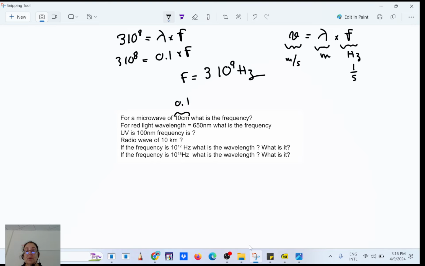Let's try to do this one, and let's try to see what that is. This one. So the frequency is 10 to the 12. What is the wavelength? So speed is frequency times wavelength. So 3 times 10 to the 8 is wavelength times 10 to the 12.